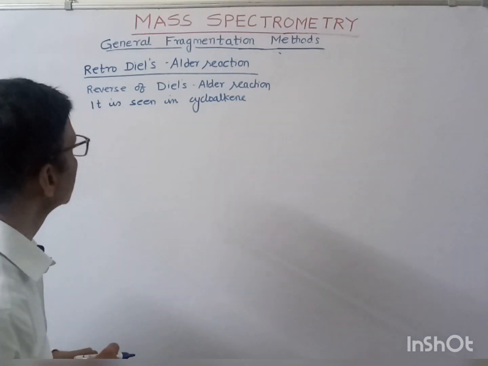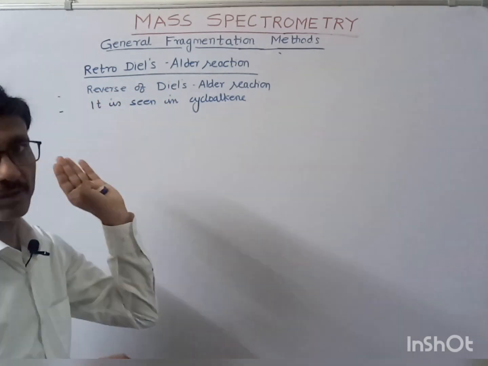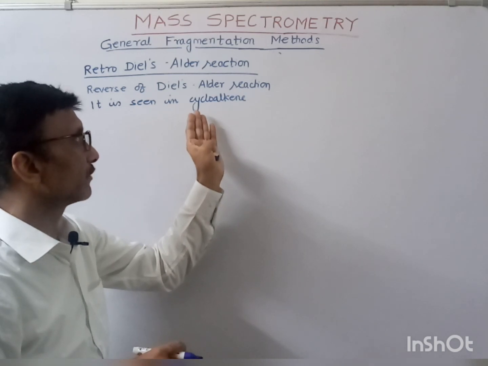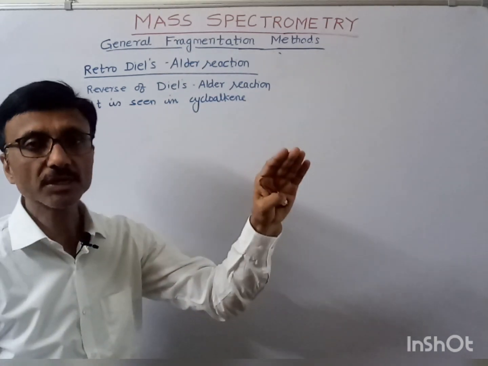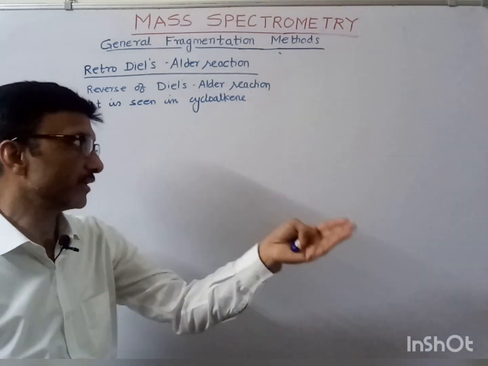So cycloalkene, why? Because in this rearrangement reaction, what I told you, this cycloalkene gives the diene and dienophile, that is the retro-Diels-Alder reaction.